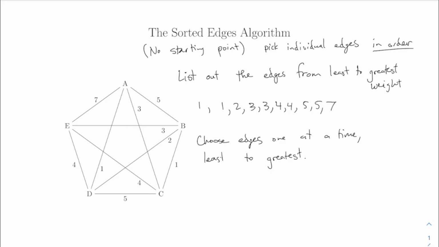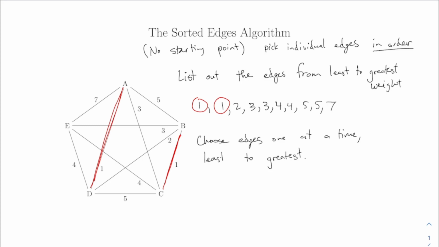So for example, I'm going to begin by choosing the two ones. I use both of them, one here and one here. Even though they're not touching each other, I don't care about that. I'm not trying to make a continuous path. It will naturally make a continuous circuit at the end. But you don't start off with that intention. You just pick individual edges in order, least to greatest.